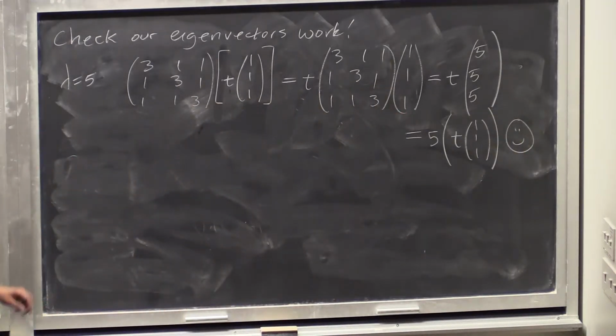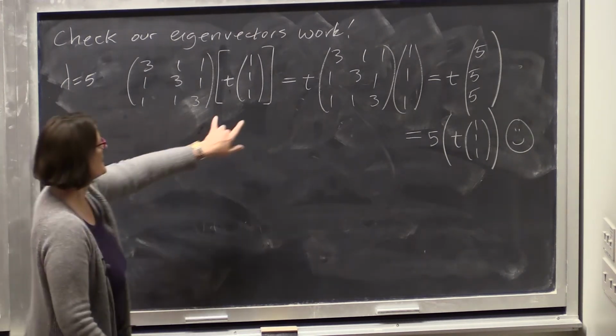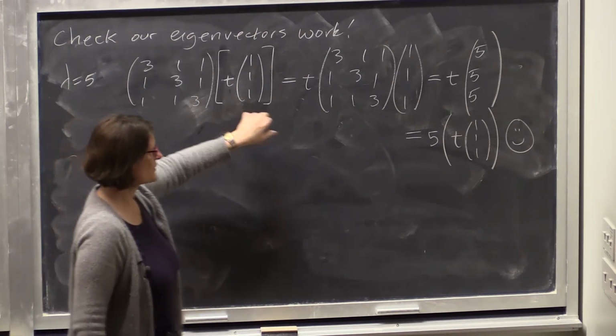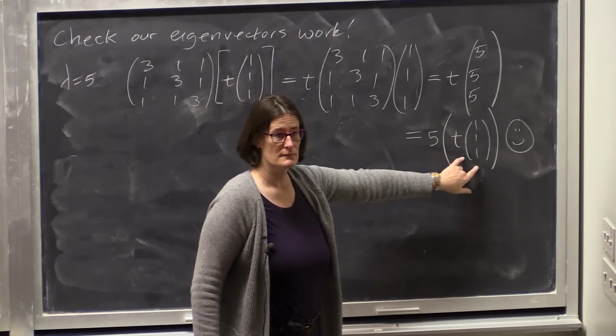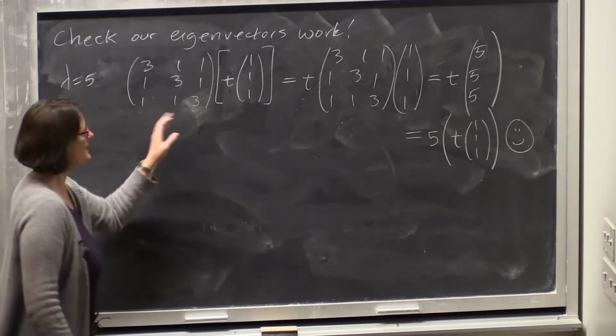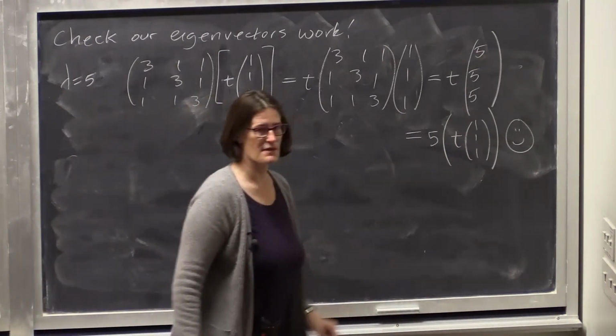So we see that no matter what the value of t is, A times this thing equals 5 times this thing.